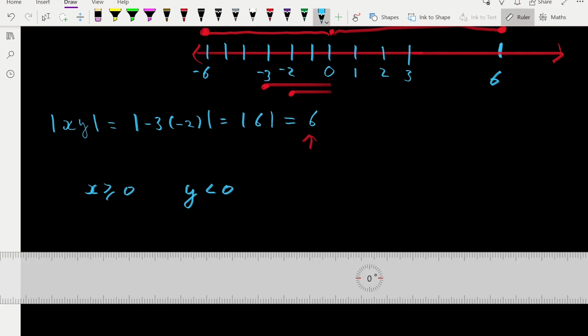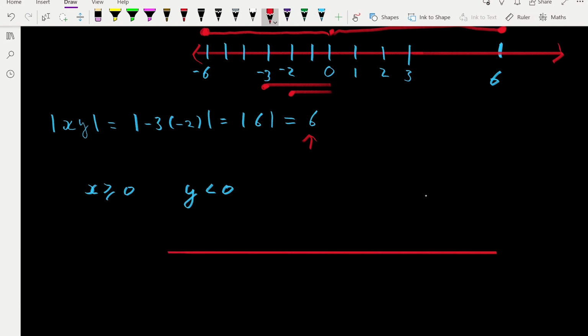It's less than 0. And then we draw a number line. Let's put 0 down here, and let's say x, being greater than or equal to 0, is equal to 3, and y, being less than 0, let's just pick -2 again.